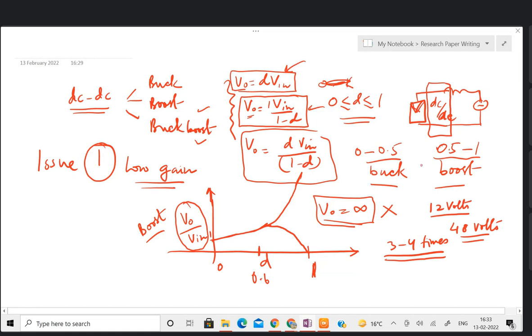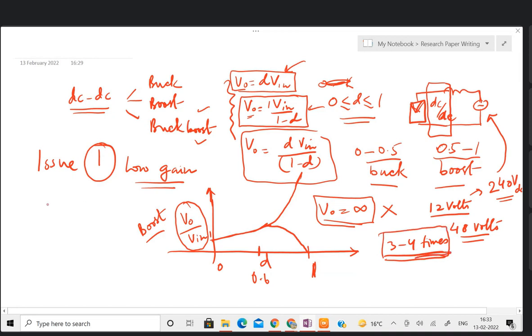So how to obtain, say from 12 volt, I am interested in making it into 40 volt DC. Then only I can convert it into AC, which is at par with the grid voltage. So definitely I am not going to obtain it with the help of this boost converter. I have to do something else.